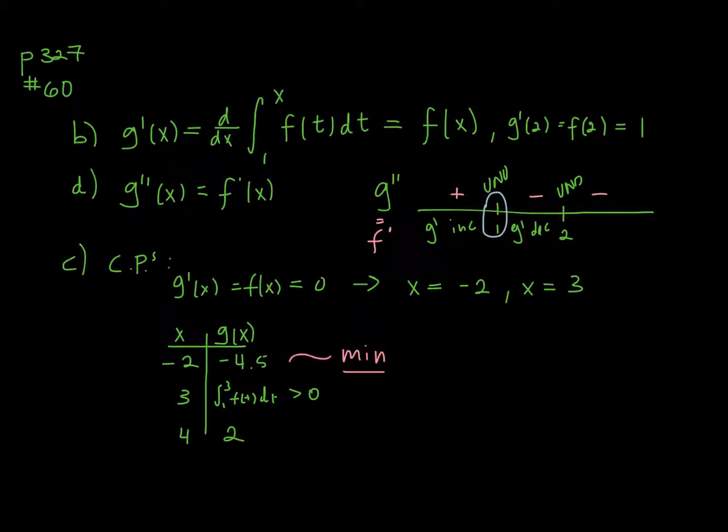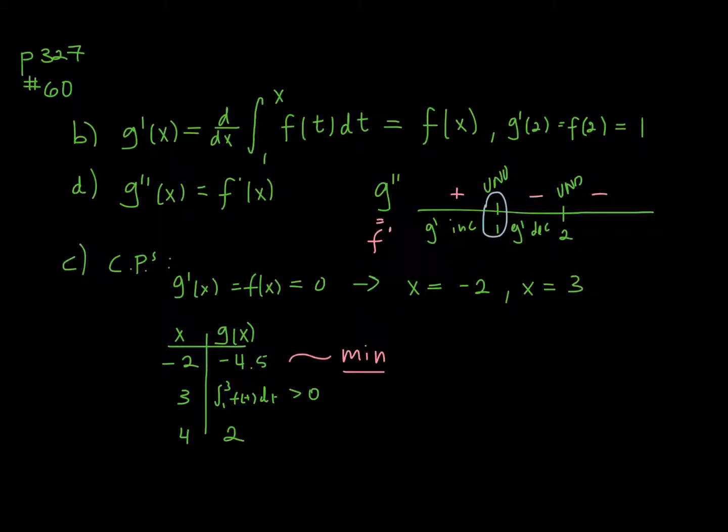For part C, I want to find the absolute minimum of my function g on the closed interval from -2 to 4. To find the absolute minimum, I'm going to look at where g prime of x is equal to 0. Remember, g prime is simply f of x, and so f of x will be equal to 0 at -2 and at 3. Since I'm on a closed interval, I need only consider -2, 3, and the endpoint on the right, which is 4.